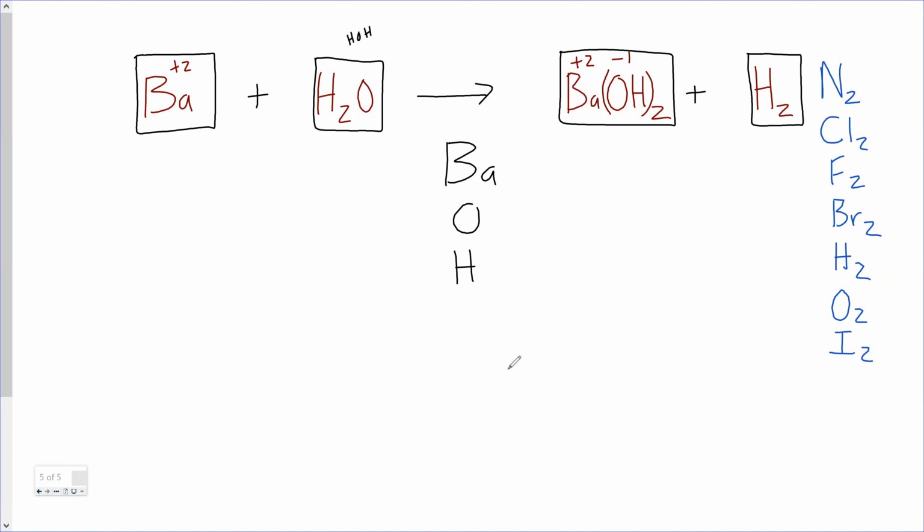Miss Faith, do you want to give us counts for everything on the left side? How many bariums, how many hydrogens, and how many oxygens on the left side? For barium, 1. How about oxygen and hydrogen on the left side still?